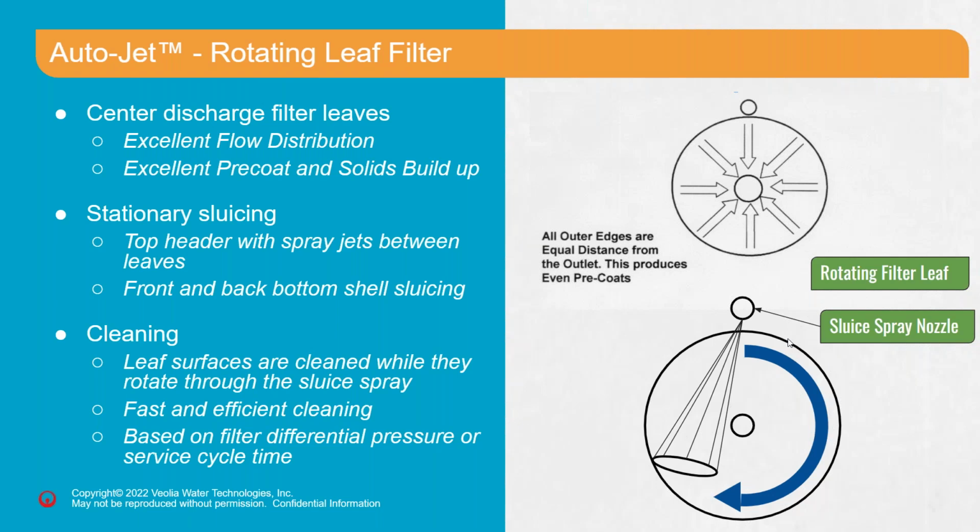This usually gives you a fast and efficient cleaning, and the cleaning is typically based on either differential pressure across the filter, or it can be set for a specific cycle time, like every 18 or 24 hours. And it should be noted that the cycle time should be carefully selected to make sure there's no cake bridging between the leaves, and if so, the cycle time should be adjusted accordingly.